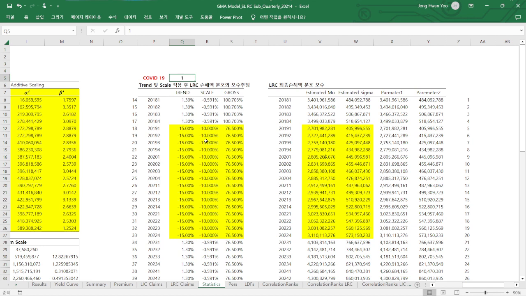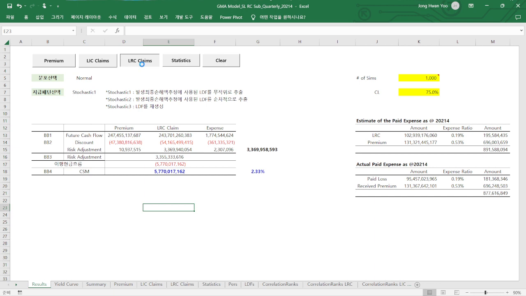That's how I apply the actuarial judgment like this. And if I run it again, it's going to produce different results.